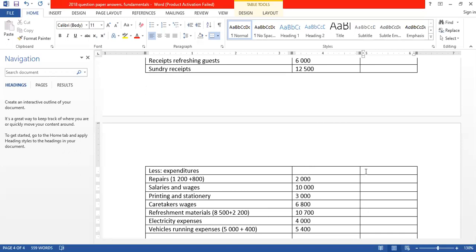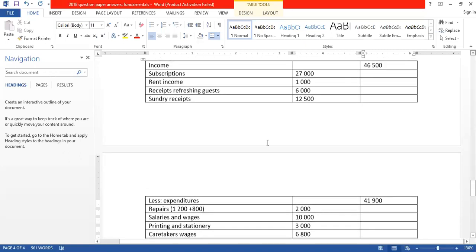Then we add the 4,000 plus another 5,400. We'll get 41,900. So our total expenses or our total expenditures amount to 41,900. I believe we all got that amount.